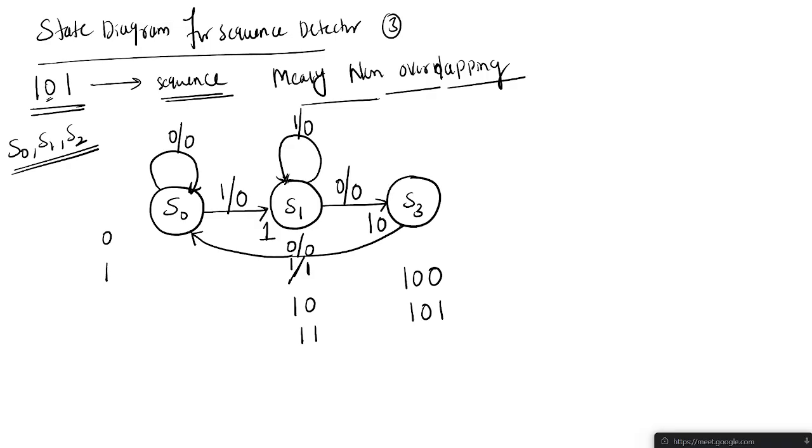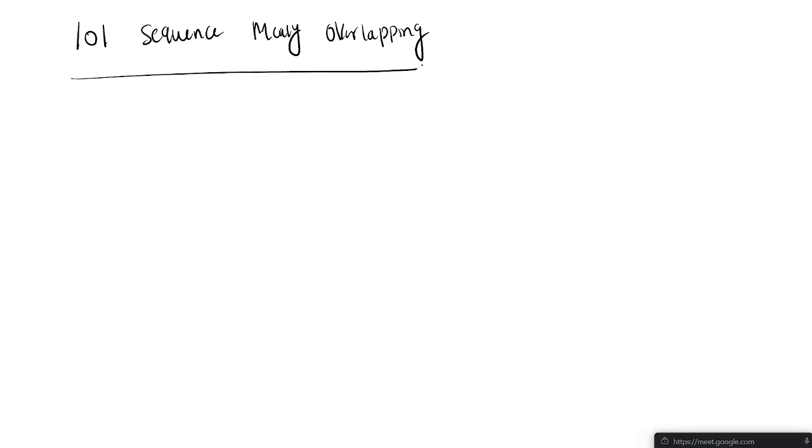Okay. Next, suppose I want to draw the 101 sequence Mealy overlapping. So for the 101 sequence, you are at S0.